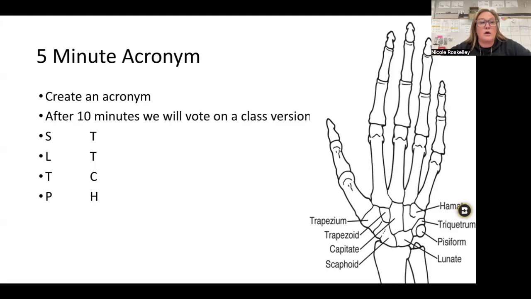That was our mnemonic for your cranial nerves, and it's the same thing with this. So I'm going to give you guys at least 5 minutes. You can even take 10 minutes if you want. And as a table, I want you to each come up with an appropriate acronym. Once you've done that, you can hit play again. So go ahead and pause now.